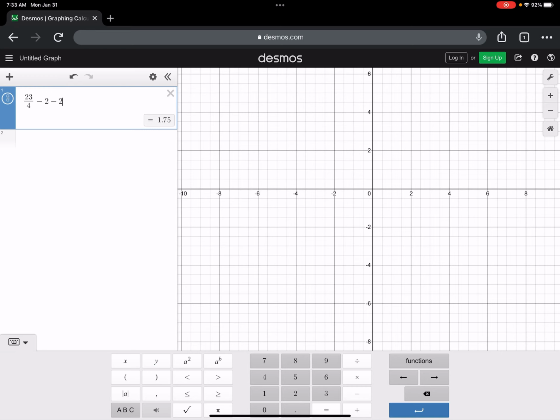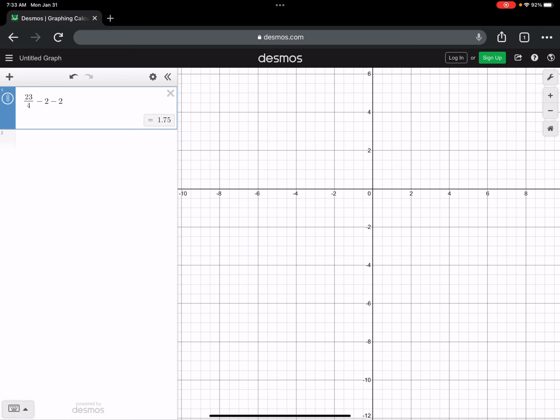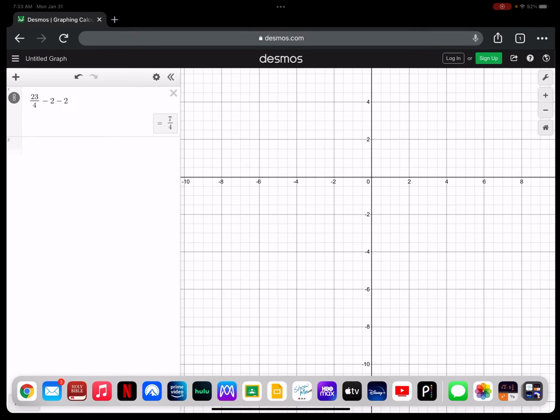Now, I want radians to always be in fractions, so I can definitely change 1.75, but I can also use my calculator. And if you look in that blue section over there, if I just tap it, you can see me changing the color from dark to white. It'll change it from a fraction back to a decimal. So I'm going to change it to 7 over 4. So now I know that 23 over 4 subtracted 2 twice is going to be 7 fourths.